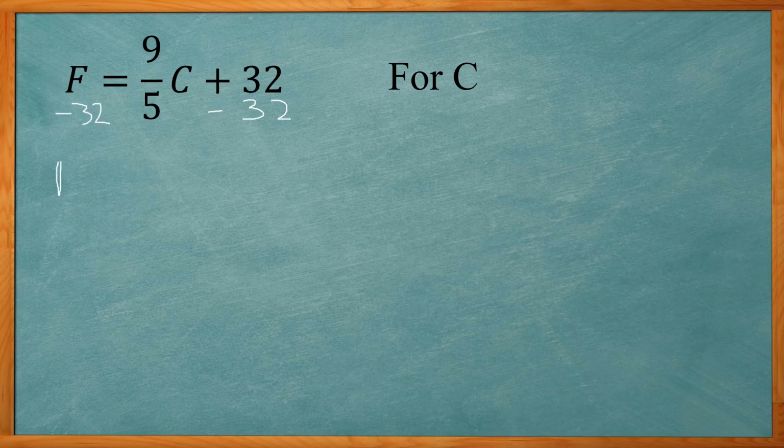So now I have f minus 32 equal 9/5 c. Now I need to get rid of that 9/5, so I'm going to multiply by the reciprocal, 5 over 9, on both sides.